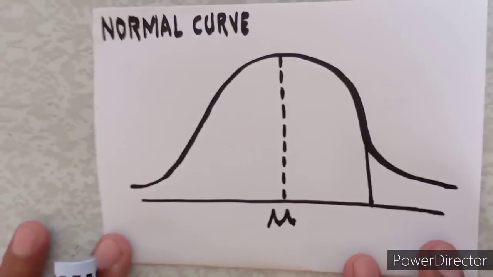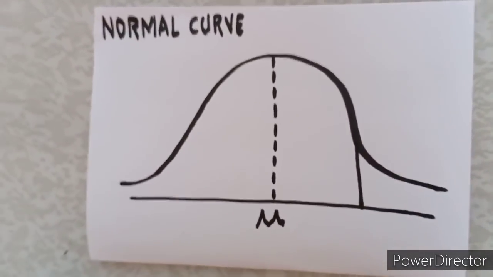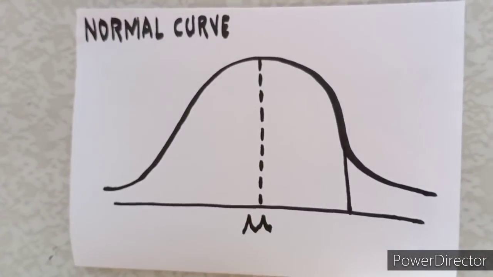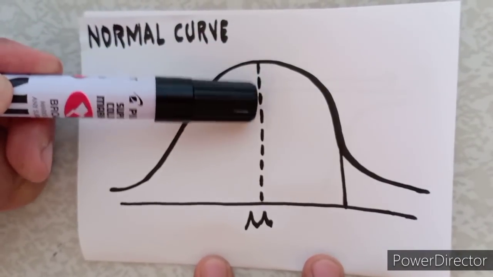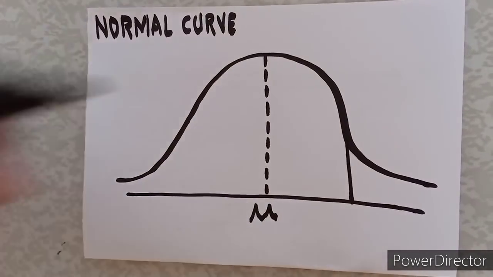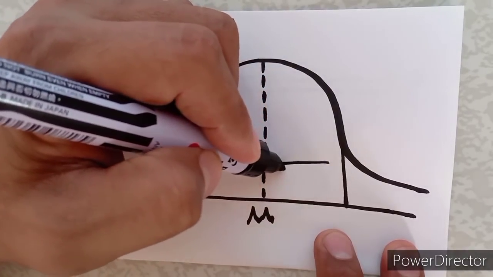Hindi lang siya masyadong normal curve ang pagkakadrawing, pero let's imagine that this is an example of a normal curve. This is the center of our normal curve, itong tinatawag nating mean. Dito po ang tinatawag nating spread, standard deviation.